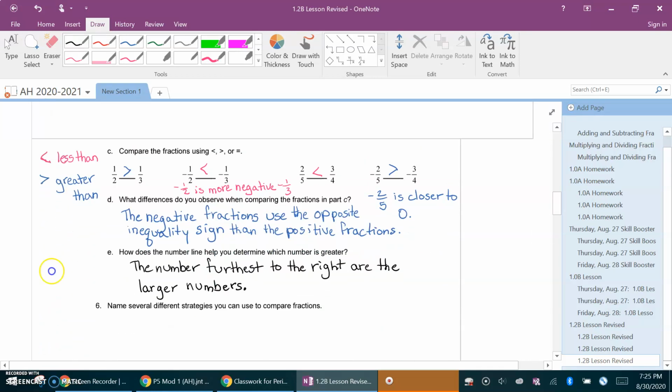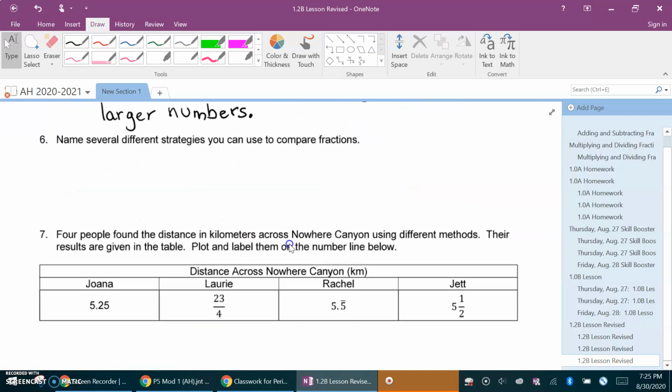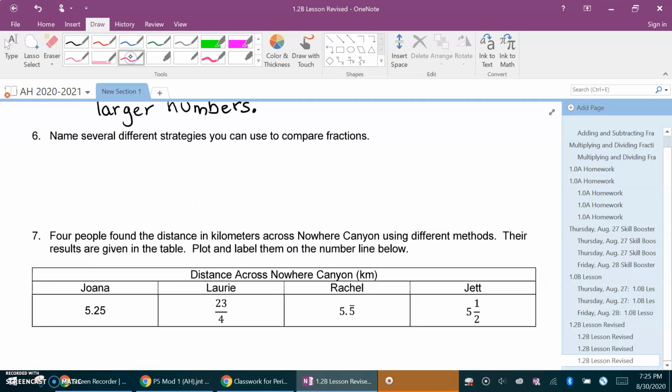Okay, so looking at number 6, you know lots of different ways that you can compare fractions without drawing them. Different methods you can use: you can convert to decimals. You can find the LCD and make equivalent fractions.